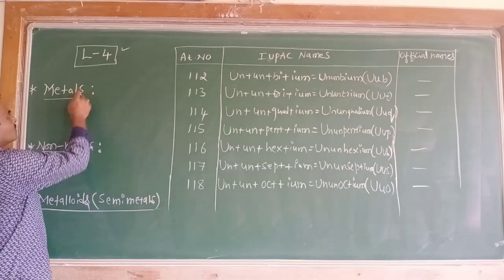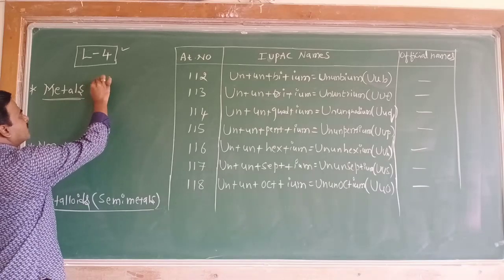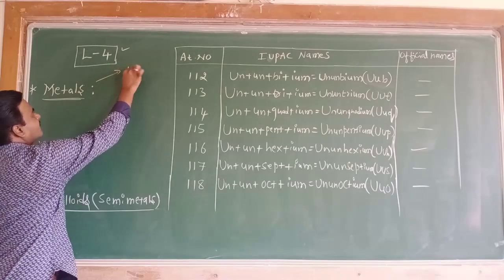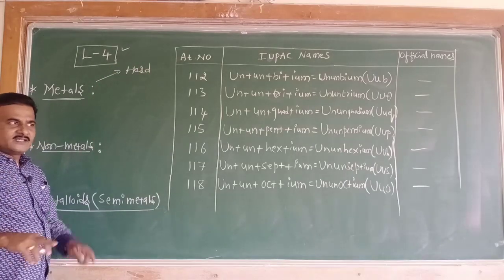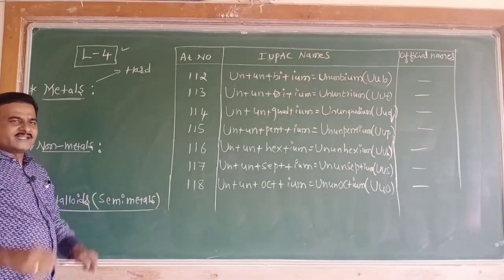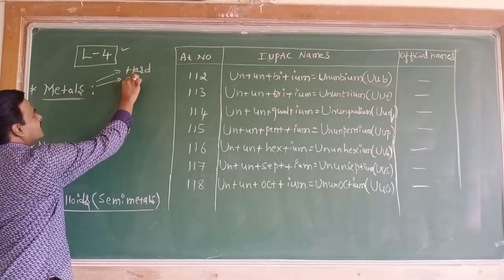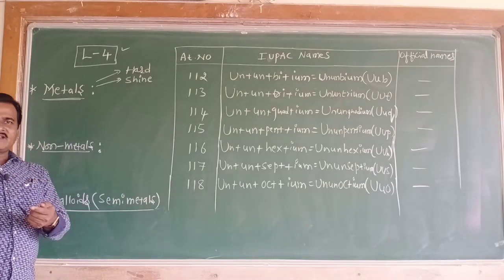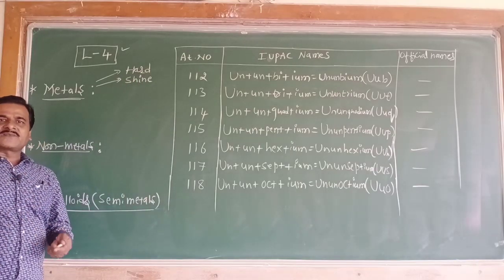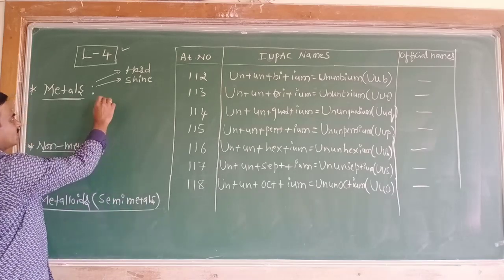Almost all metals are hard. They are physically hard and rigid in properties. Next, they shine in the presence of light. When the clean surface of any metal is exposed to light, it shines.